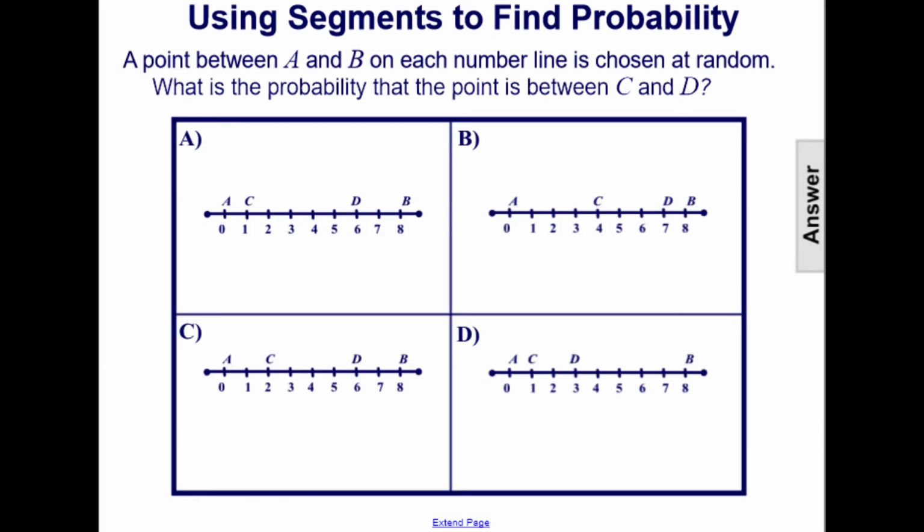A point between A and B on each number line is chosen at random. What is the probability that the point is between C and D? So in each of these examples, we're looking for the probability of the segment length CD over the segment length of AB.